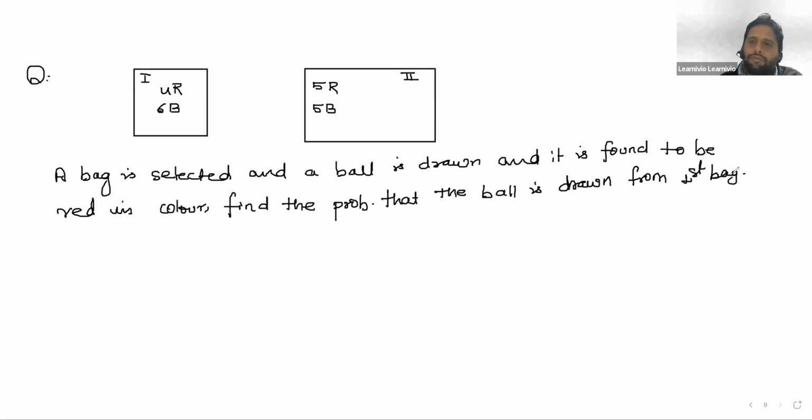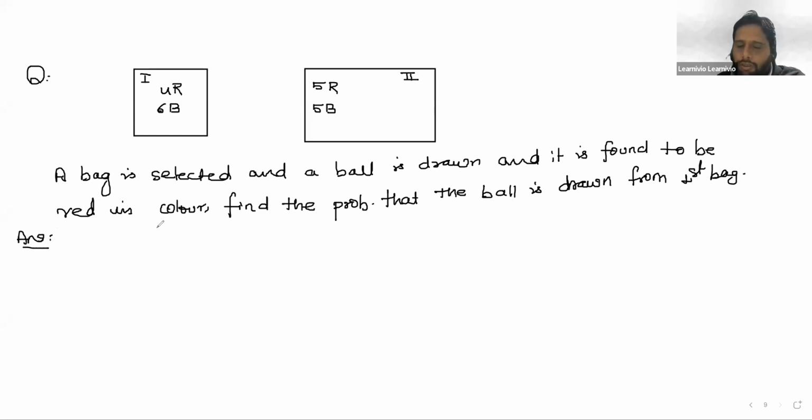So what's the difference between the questions of the law of total probability and Bayes theorem? In the law of total probability, they ask a similar question and ask you to find the probability that the ball drawn is red. But in this question, they have given that the ball is red, and you need to find that the ball is drawn from the first bag.